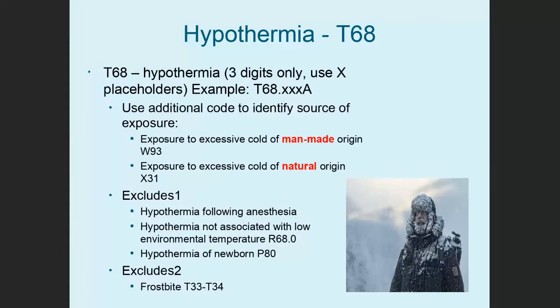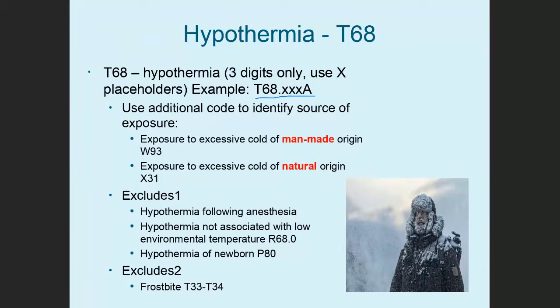T68 is hypothermia, and it only has 3 digits. So in order to make that final digit for encounter, you have to use X's. So you could have T68.XXXA, for example. Now there are some important notes under here.